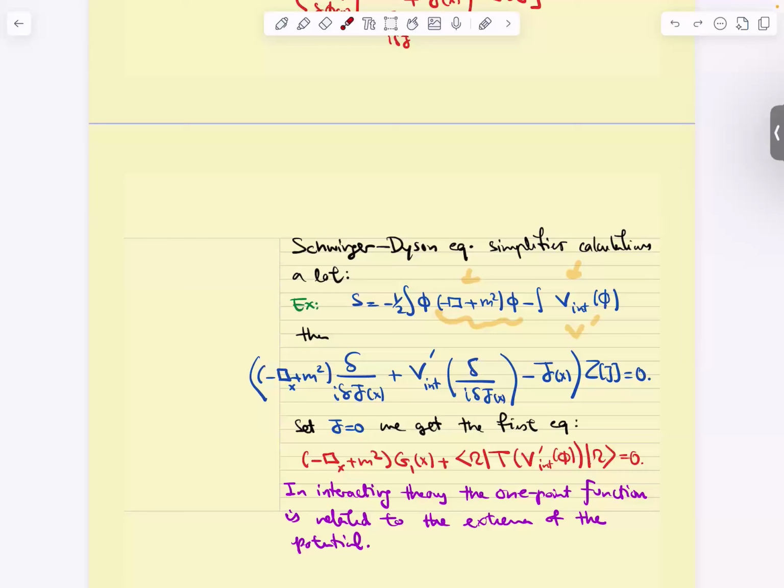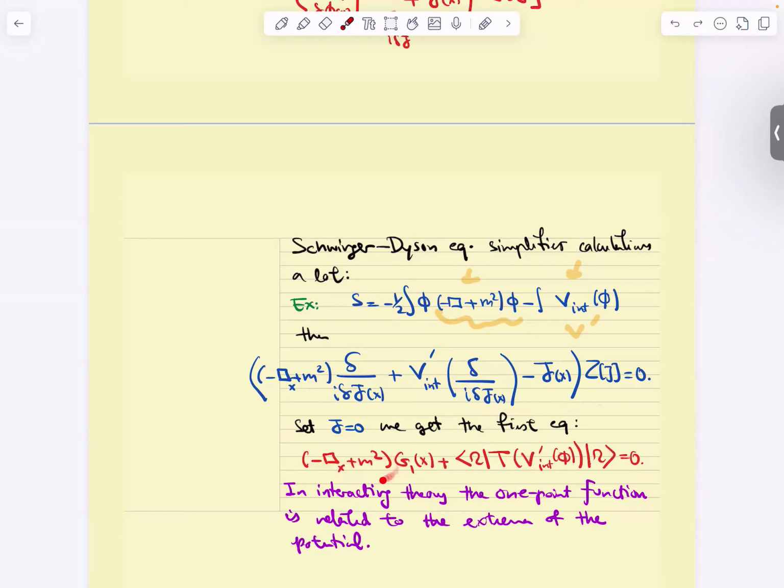All right. What do I get if I set J equals 0? If you set J equals 0, you get this equation. Well, you first take the derivative and set J equals 0, right?